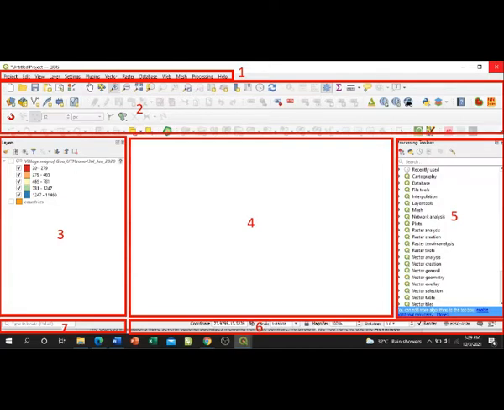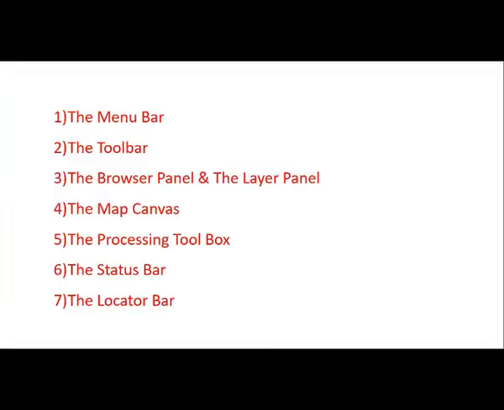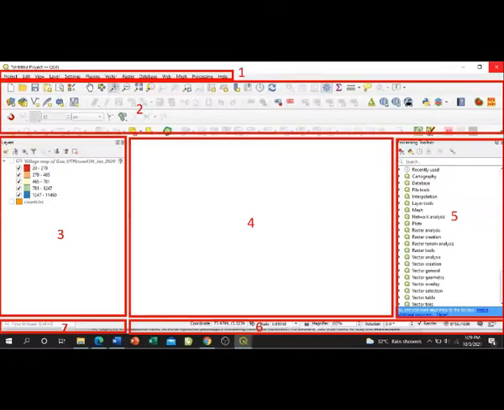So the things I have marked here are the menu bar, the toolbar, the browser panel and the layer panel, the map canvas, the processing toolbox, the status bar, and the locator bar, whatever I have shown you on this particular screen. Hope each one of you got the idea here.